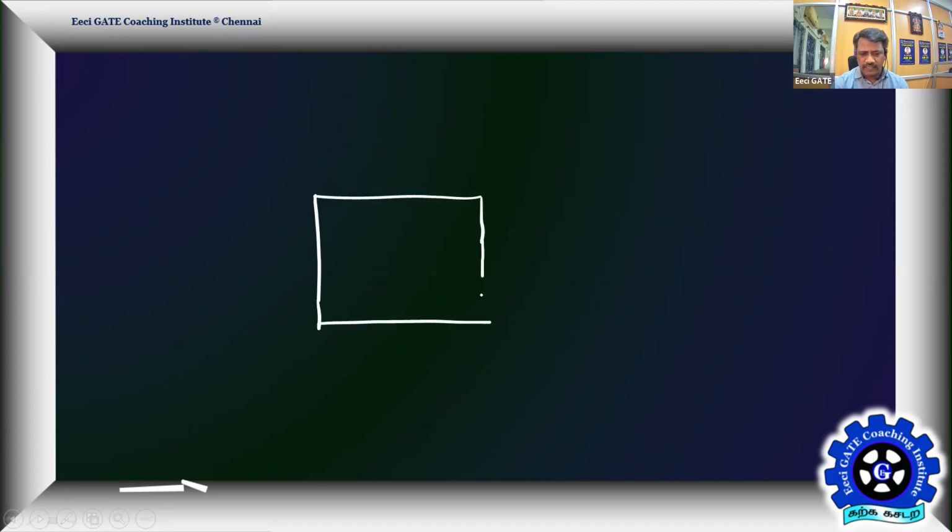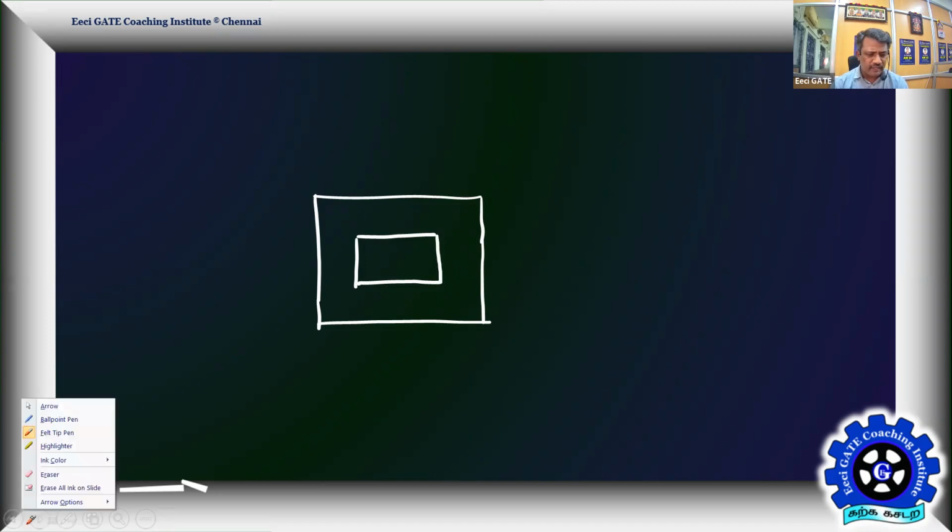That's the core of the transformer accommodating this coil. You can connect your winding wherever you want. I'm going for a 2D view, not the 3D view.